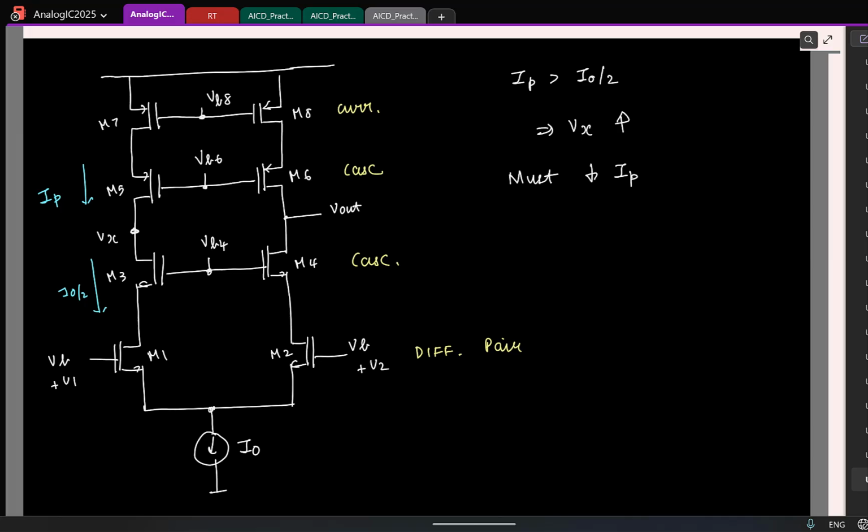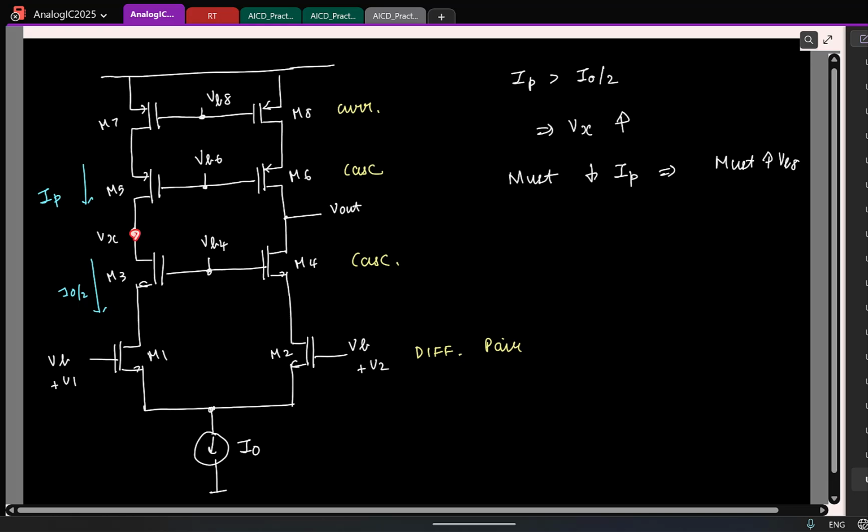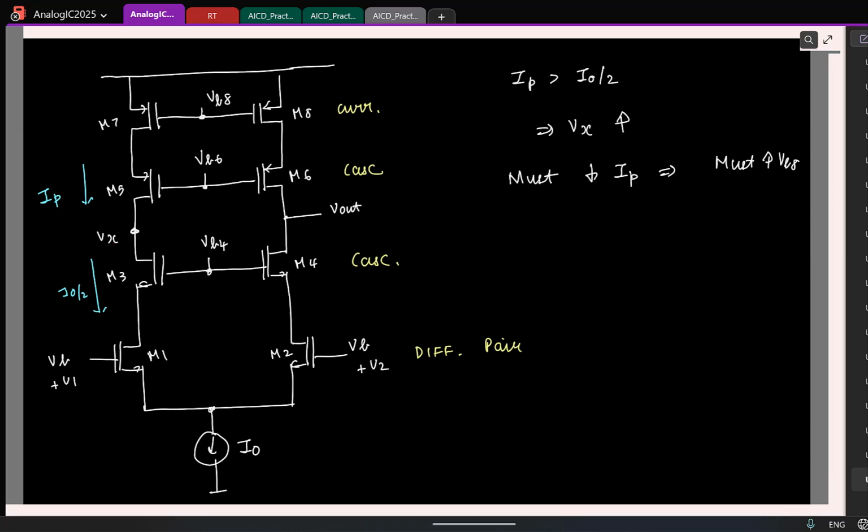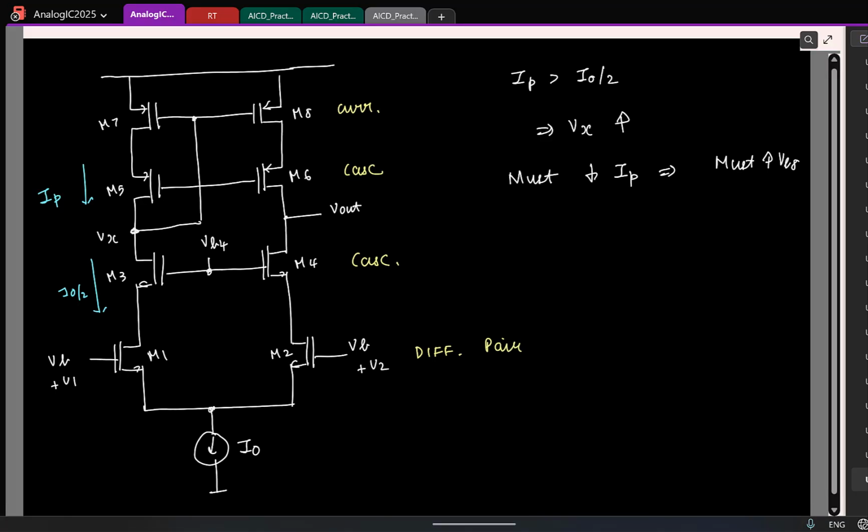So if I were to reduce IP, what should I do to the bias voltage VB8? I'll say we must increase VB8. So again the same logic: you want to increase this voltage, and this is already increasing. What do you do? Yeah, the same example I gave: you want pizza, your friend has pizza, you take it from your friend. This is connected to some VB6.